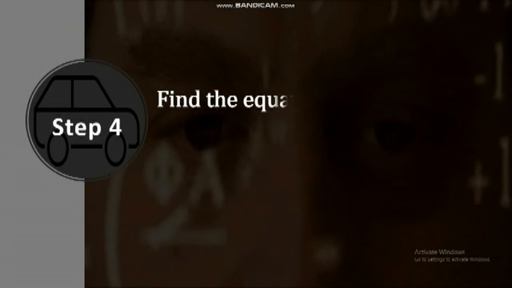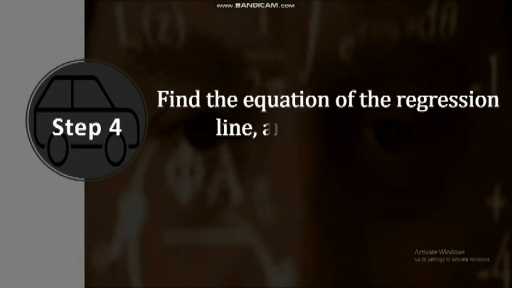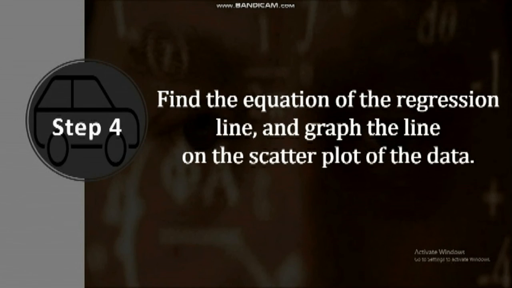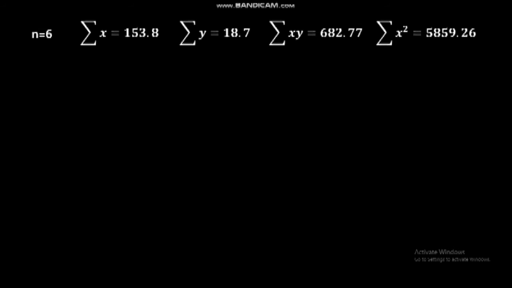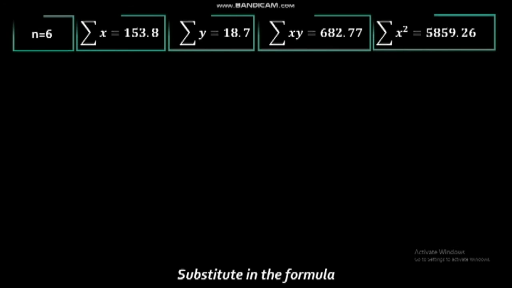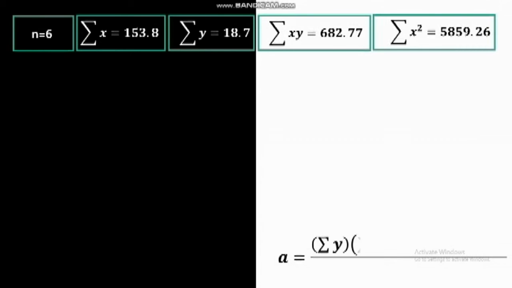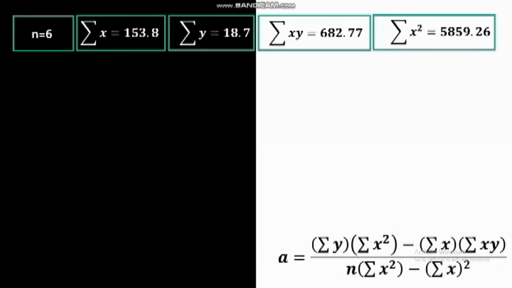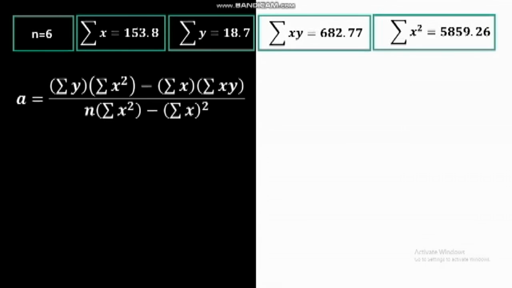Step 4. Find the equation of the regression line and graph the line on the scatter plot of the data. To substitute this given data in the formula to find the equation of the regression line, a is equal to summation of y multiplied to the summation of x squared minus the summation of x multiplied to the summation of xy all over n multiplied to the summation of x squared minus the summation of x quantity squared.